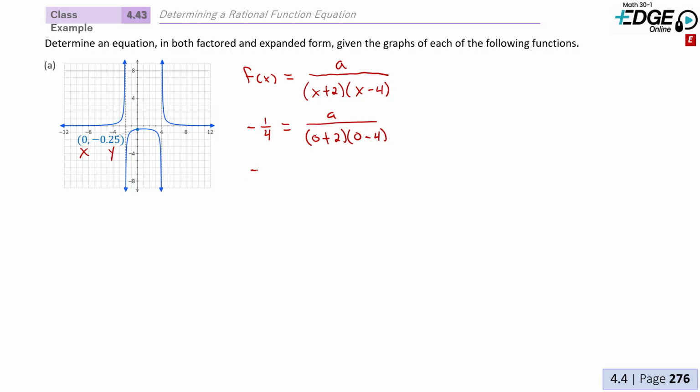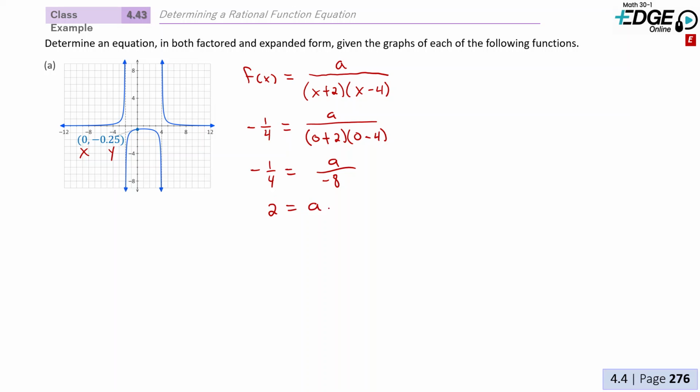All right, so now we have -1/4 is equal to a over -8. Then we will multiply both sides by -8. In the end, we end up getting 2. -8 over -4 is 2, so a is 8.